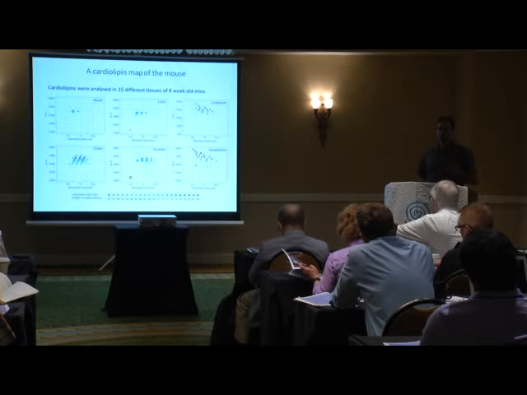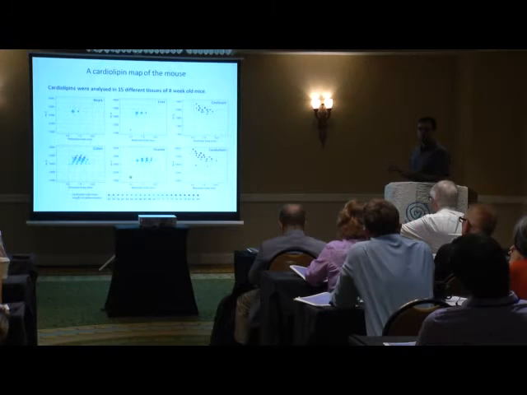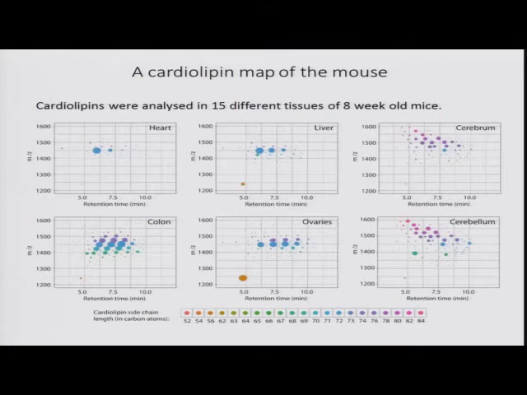One first experiment that I did to test if this method is broadly usable for different research questions was to record a kind of cardiolipin map of the mouse, where we extracted 15 different tissues from wild-type mice and analyzed their cardiolipin composition. What you can see quite nicely here, only on the basis of the MS1 data, is what is known: here the dot size represents how much of this one species is there.